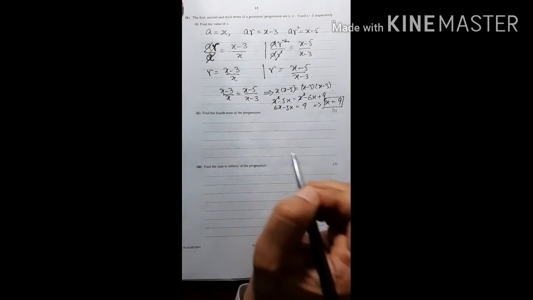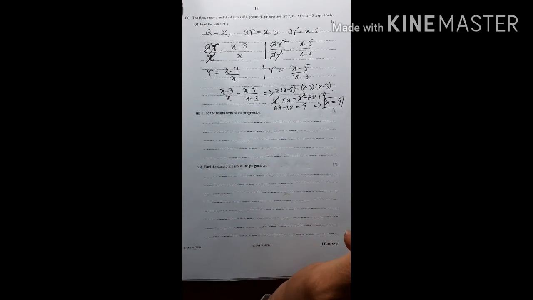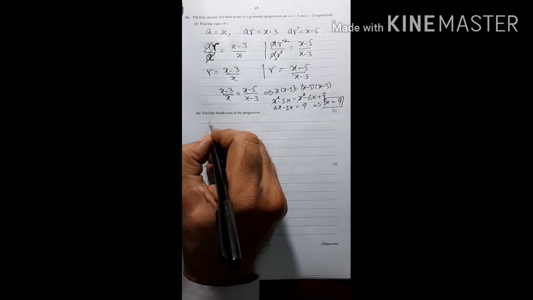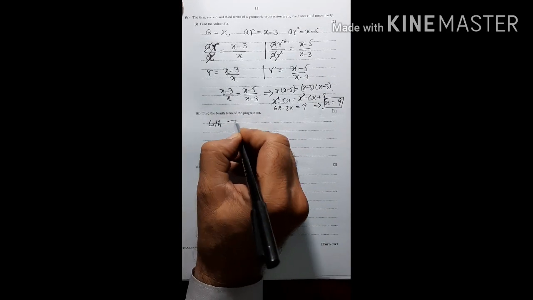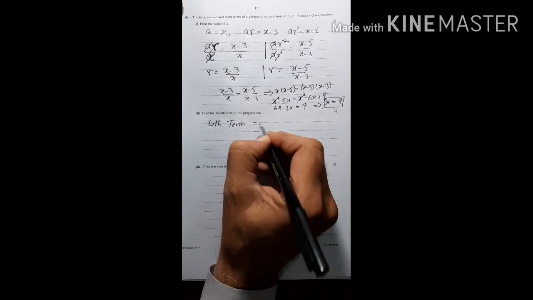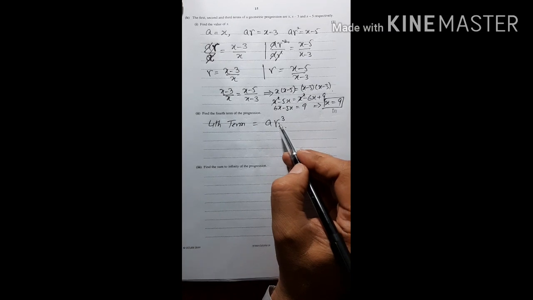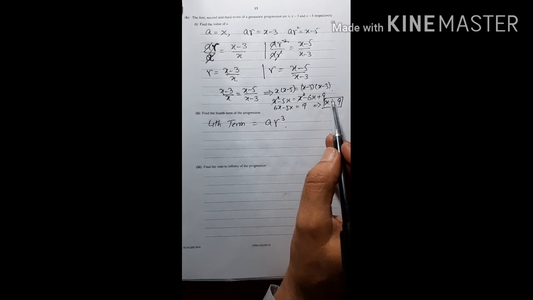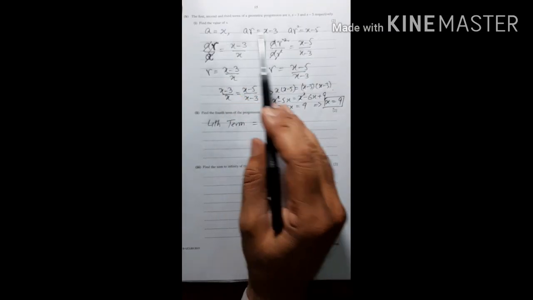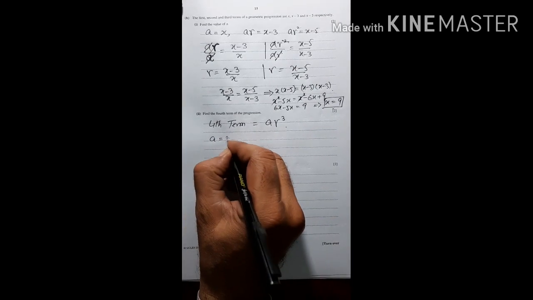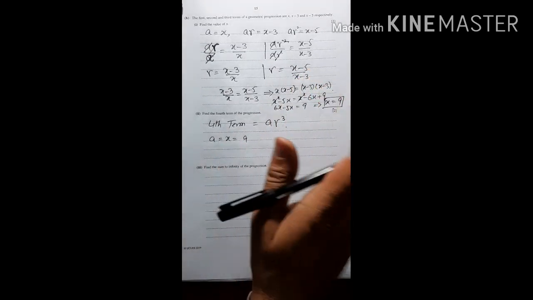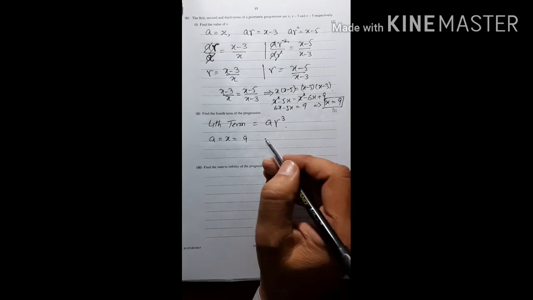Now find the fourth term of the progression. The fourth term is ar cube. So I need a and r values. I have a is x, so a is 9. So this value I already have.